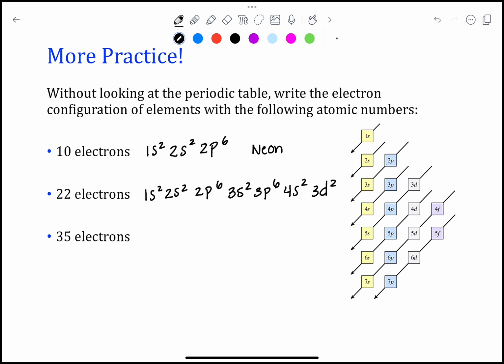So I just followed my diagram until I ran out of electrons.